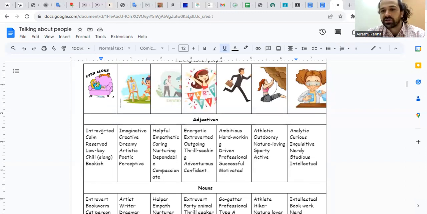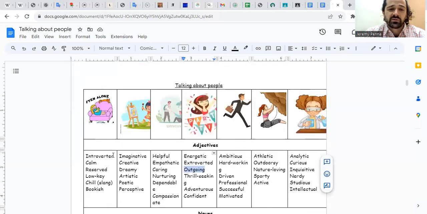Well, I would say she is introverted. She is calm. She is reserved, quiet. She's low key. She's chill, slang word. She's bookish. All of these adjectives describe her. You can throw some negatives on there. She is not extroverted. She is not outgoing.